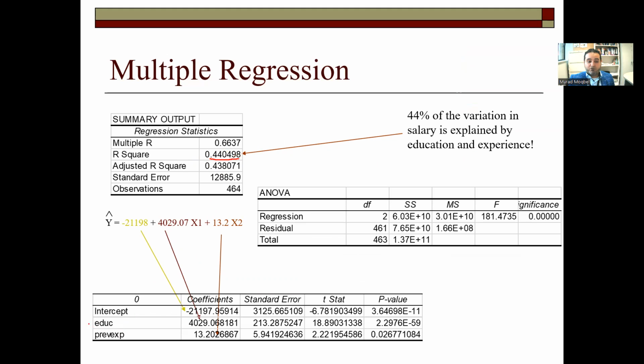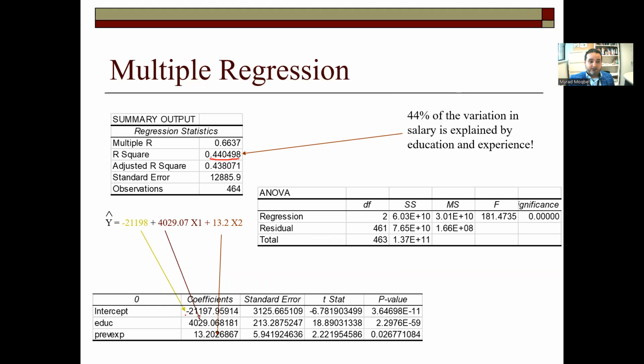In other words, only those two variables predict 44% of the salary variance, right? This is the fancy way to say 44% of the variation in salary is explained by education and experience. But you can say education and previous experience explain 44% of salary, or predict 44% of salary, right?